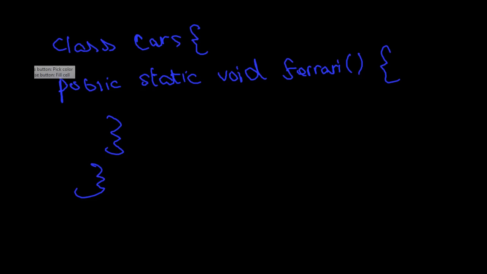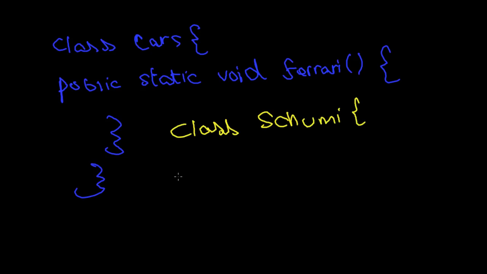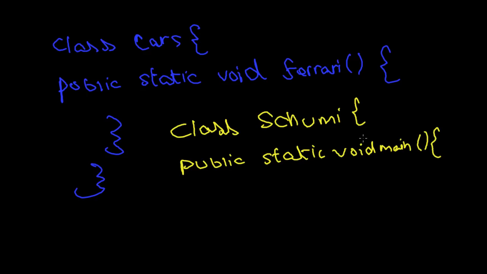Now you have another class, say class Schumi Schumacher, public static void main, and here you create an object of Cars, call it f equals new Cars.